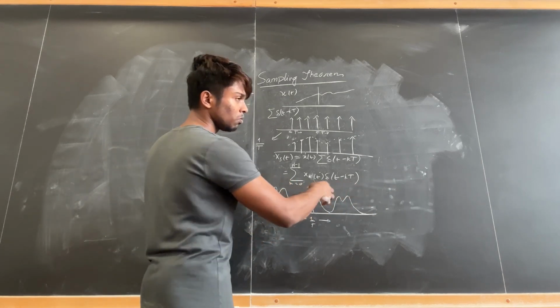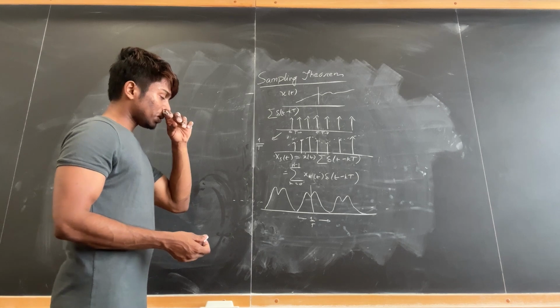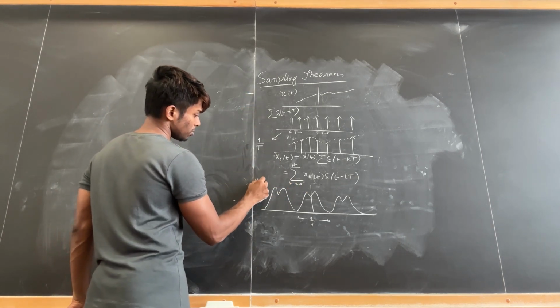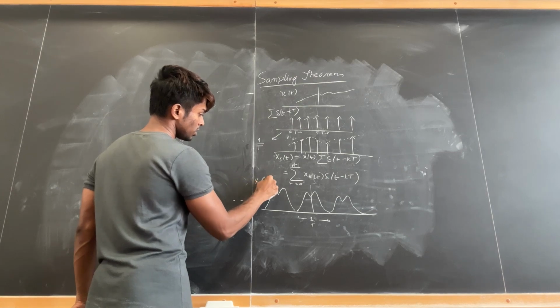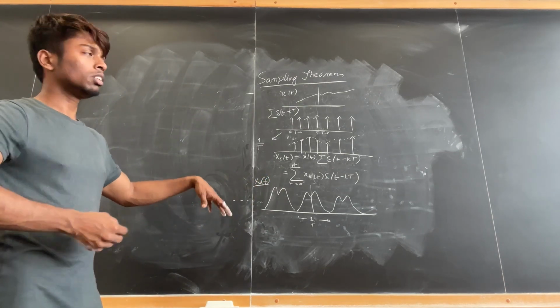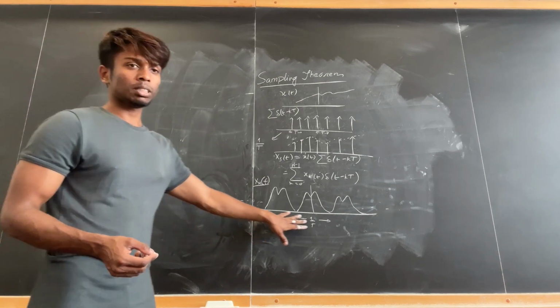So the periodization will not result in overlap. This is the sampled signal's frequency response. When we are dealing with signals in the computer, they are basically discretized signals, so the frequency responses are always periodized.